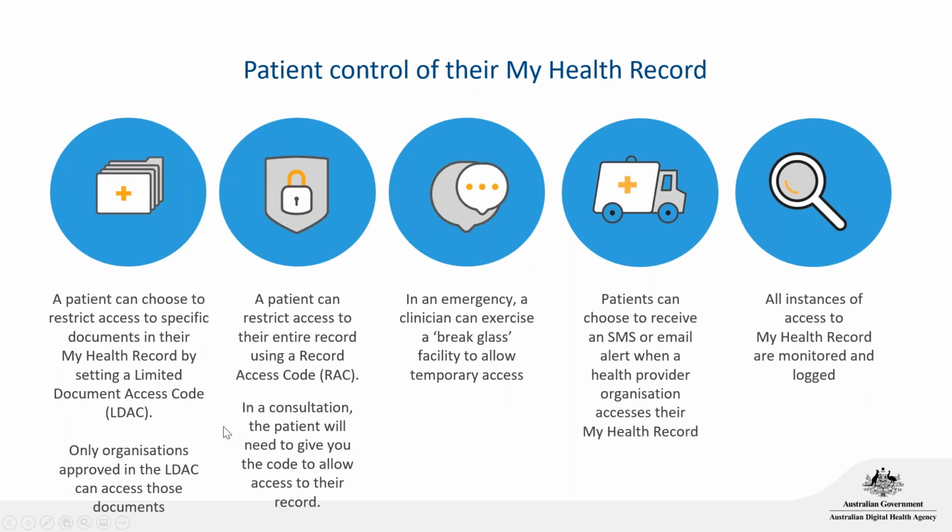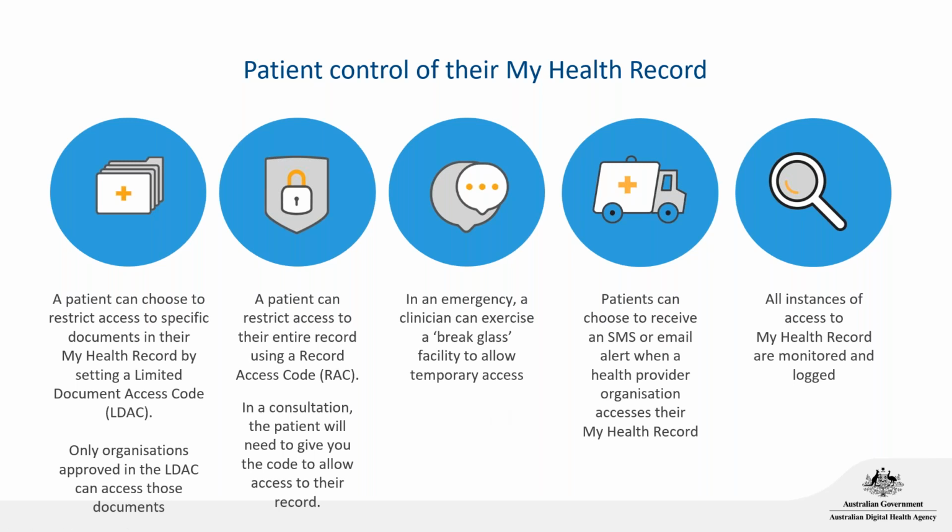People can restrict access to their whole record or to a specific document, and they would place an access code on their record, and it's completely up to the patient to then provide their clinician with that code so that they can see that information. If the patient's not comfortable with that, it's up to them and they can choose not to provide you with access, because, as I said, it is a personally controlled environment.